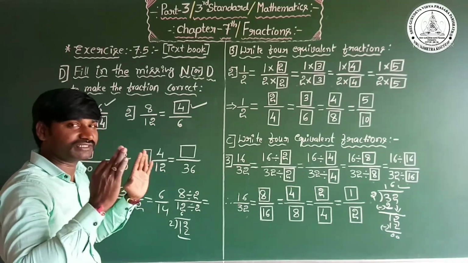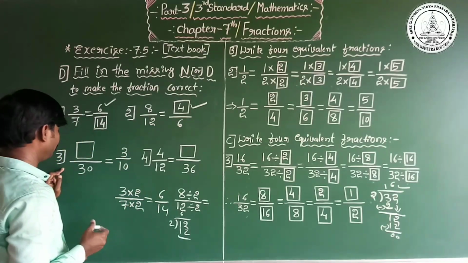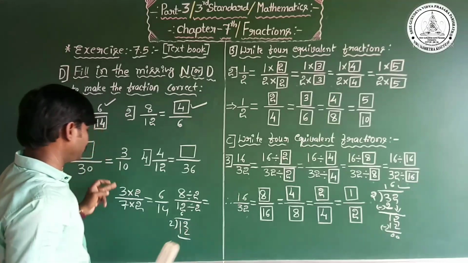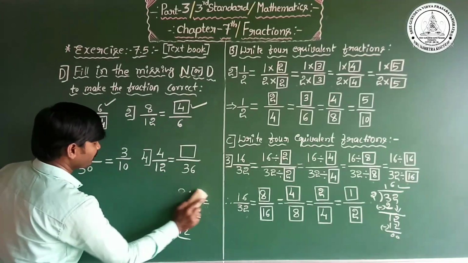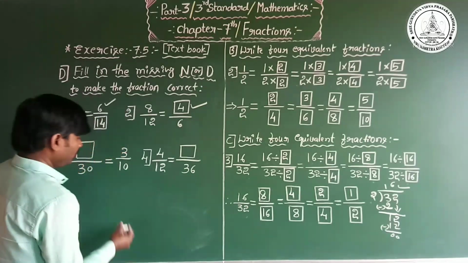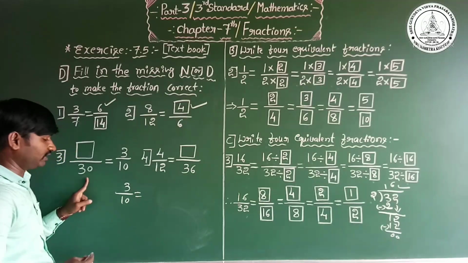You find out first which method is there. Okay. The next, the third one. Here 30 is there. The first one is missing. So the second, you get the answer 3 by 10. It means, dear student, it is equal to 3 by 10. So here, 30.